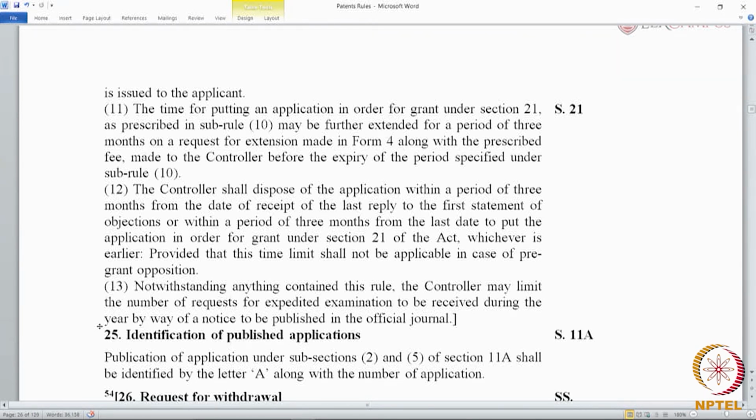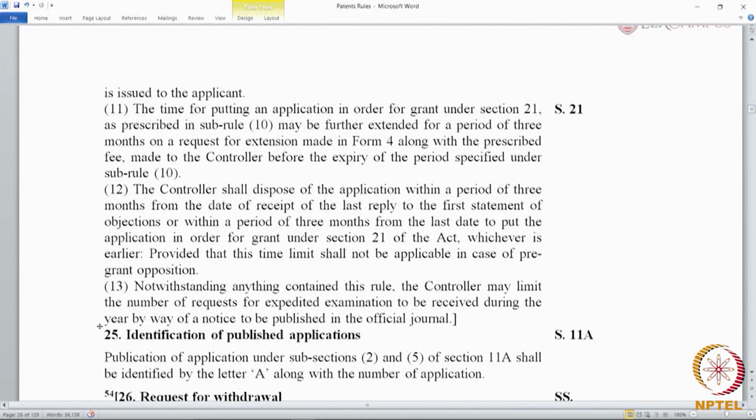So you could say that one way an expedited examination can be frustrated is when a pre-grant opposition is filed, because then the timeline need not be an expedited timeline, because the controller will be bound to dispose the pre-grant opposition before the application is disposed.